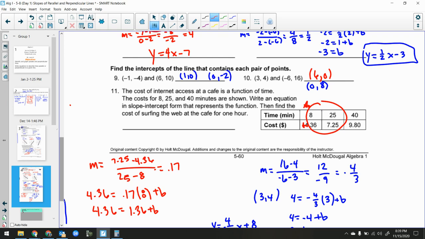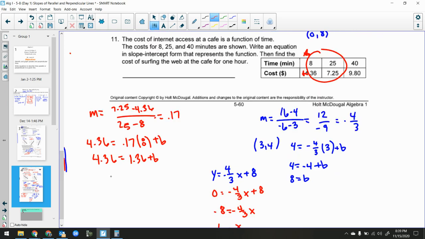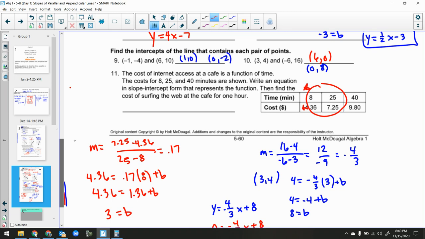Subtract over the 1.36, and that is going to give me a 3 as my b value. So my equation is y is equal to 0.17x plus 3. It then says for 1 hour, so 60 minutes.